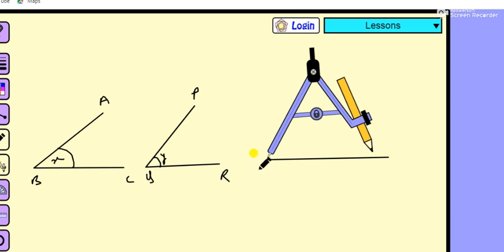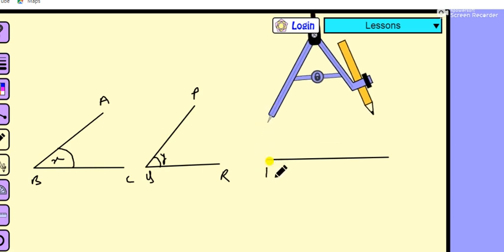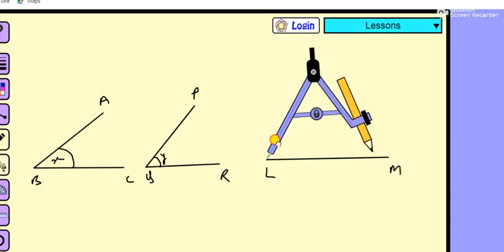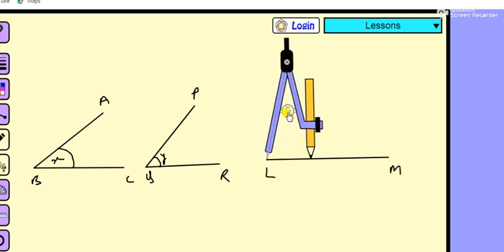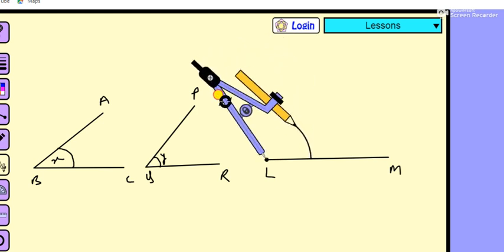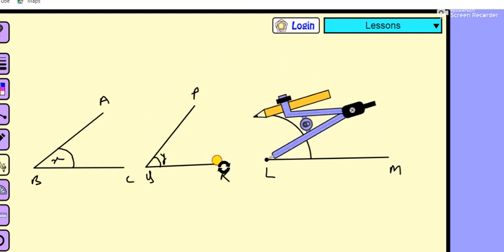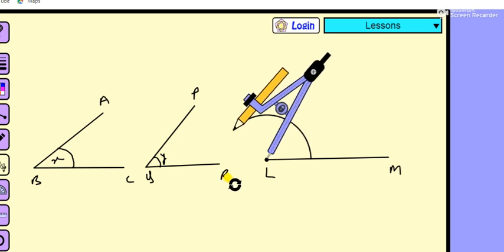Suppose this point is L. You can write here L and it is M. Now with the compass, take a distance like this and make an arc like this. It is very simple to make this arc. It has been shown on your screen.